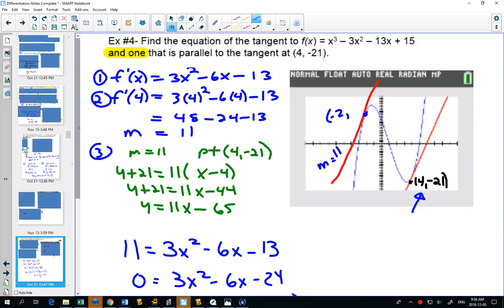That point is on the original function, right? So if I want to find the coordinates of that point, I'd have to plug it into the original function. So −2 plugged in will be −8 − 12 + 26 + 15. (−2, positive 21). Whew.